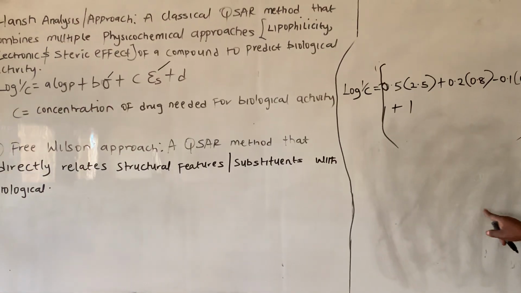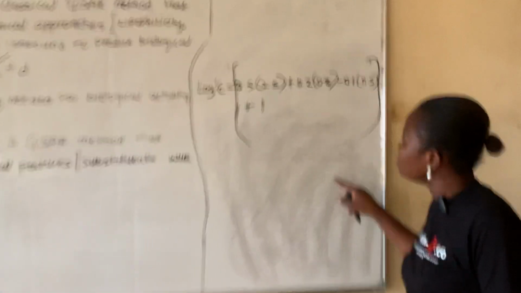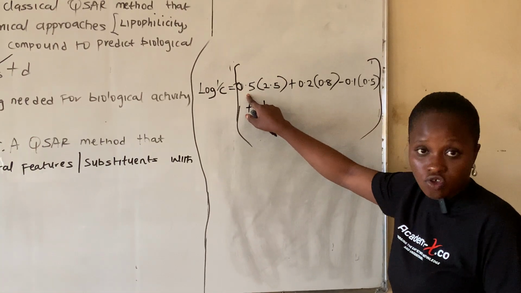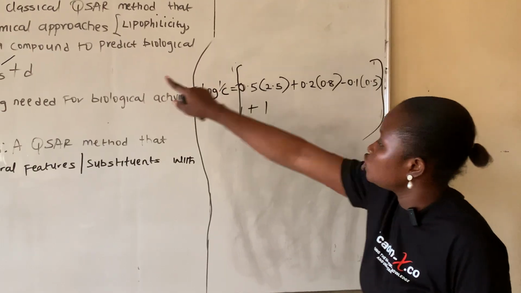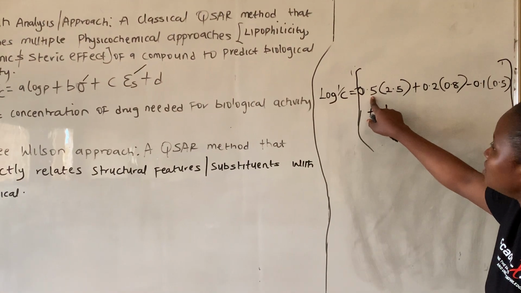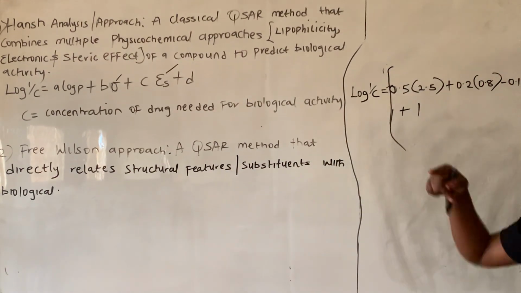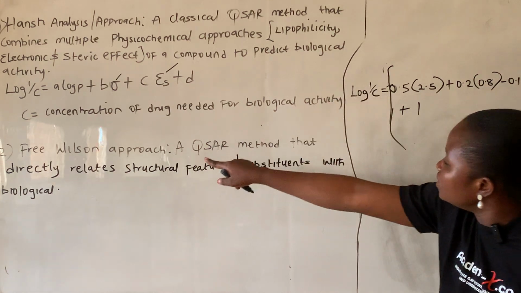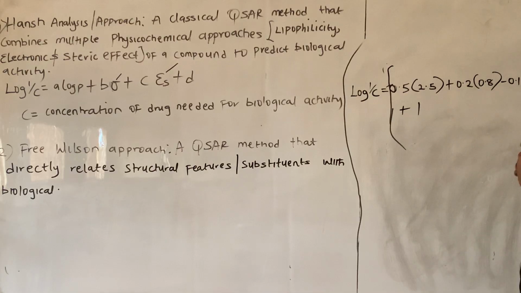So from the illustration I gave on regression coefficient, this should show you that there is a positive relationship between lipophilicity or partition coefficient and the concentration of a drug needed for biological activity. Or you can say that there is a positive relationship between lipophilicity and the biological activity of the molecule you are considering.